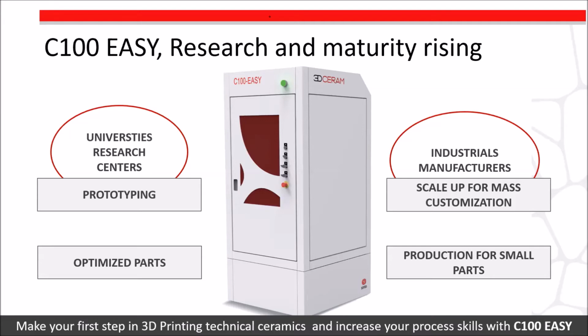You can launch a production in 20 minutes. So the objective is that the customer can develop new parts, and industrial manufacturers can also be interested in such a machine because they will develop the parts, and after that they can easily scale up with a bigger machine if they want to produce more parts.